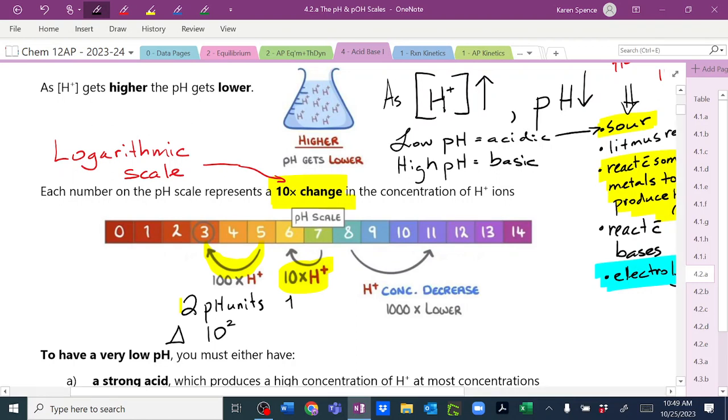If you move 1 pH unit, it changes by 10 to the power of 1. Because 10 to the 1 is 10, and 10 to the 2 is 100.